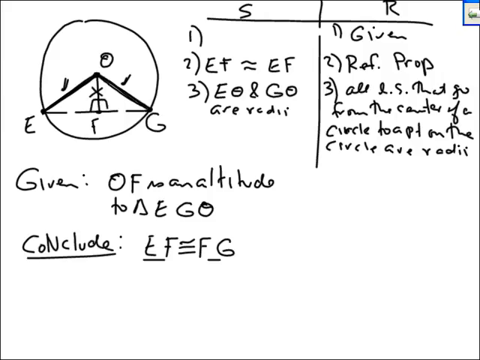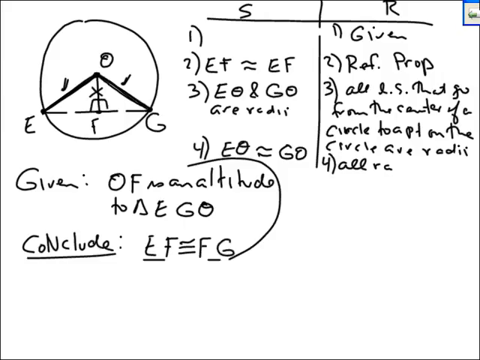The plural of radius. Number 4. EO is congruent to GO. The reason is all radii of the same circle are congruent.